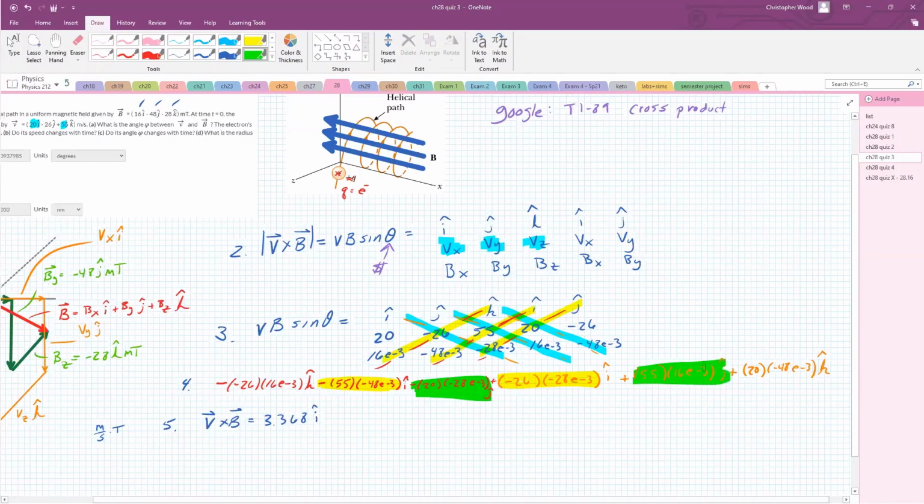All right, so the J hat's negative 20. Okay, 1.444. I'm just going to double check that.